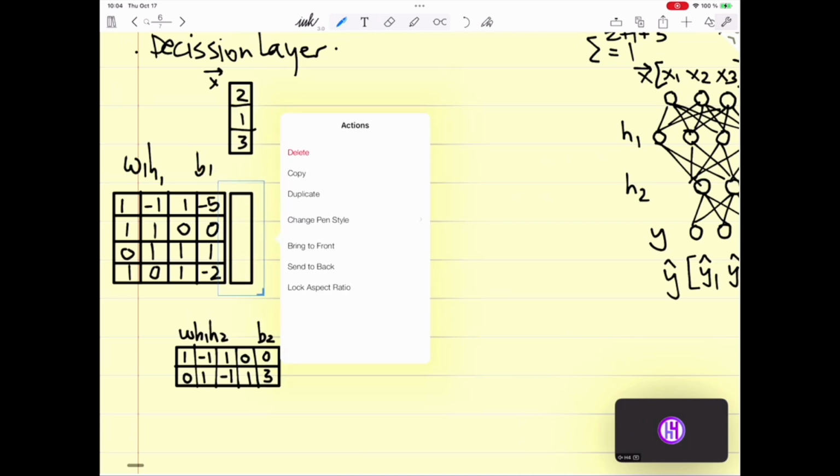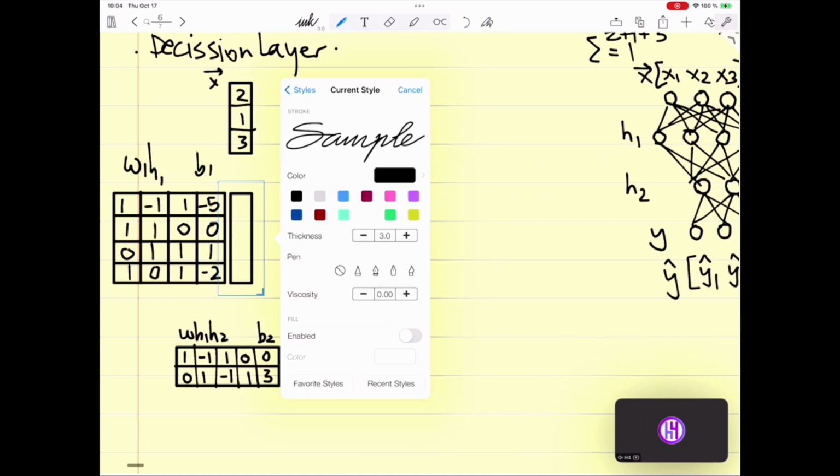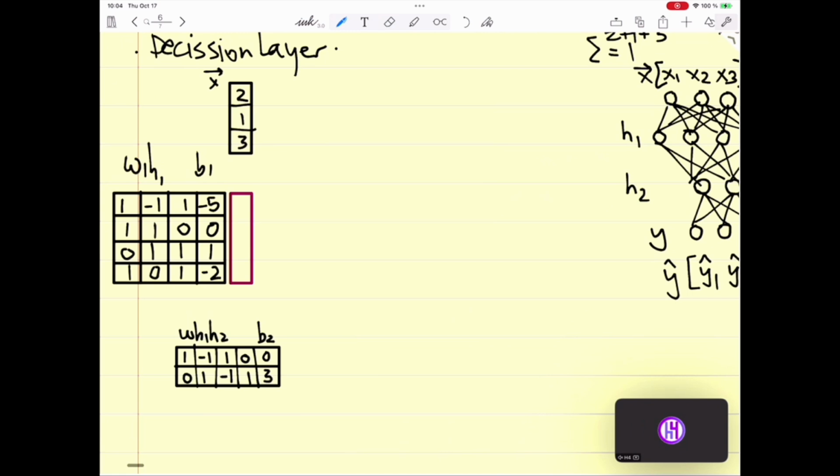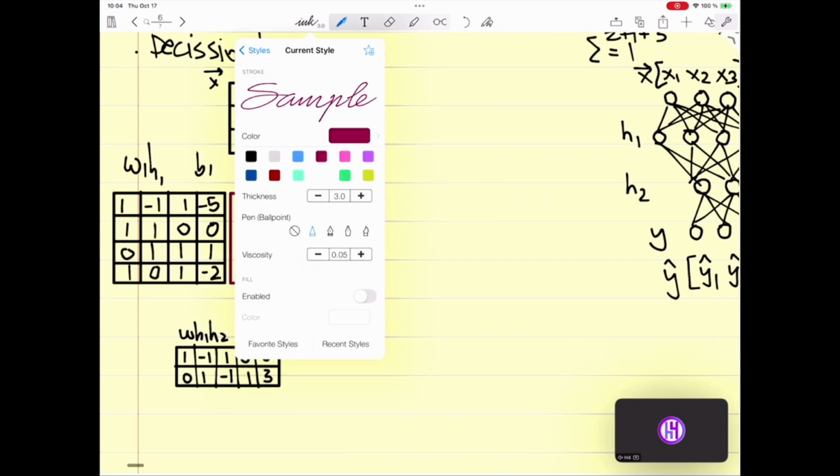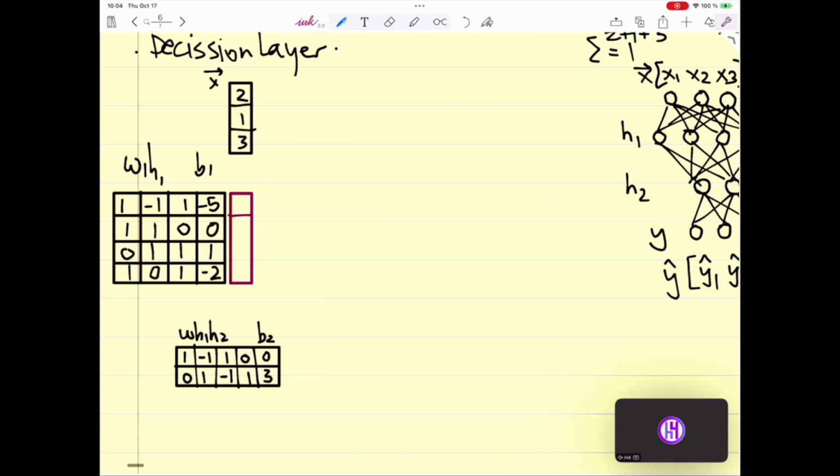This we don't know, that's why I painted it in, let's say, red. We don't know yet. And also here, we then have a ReLU, rectifier linear unit.